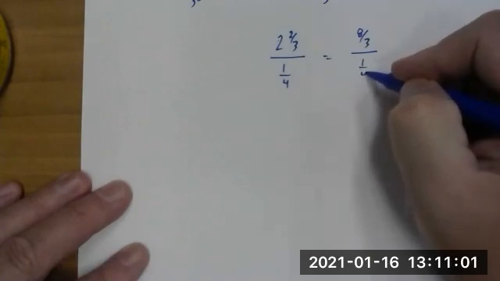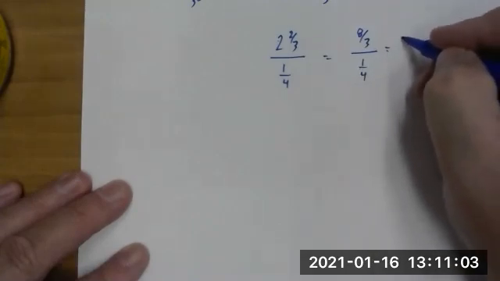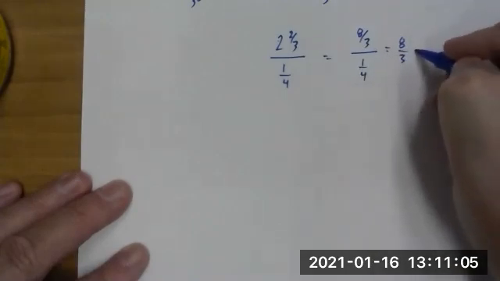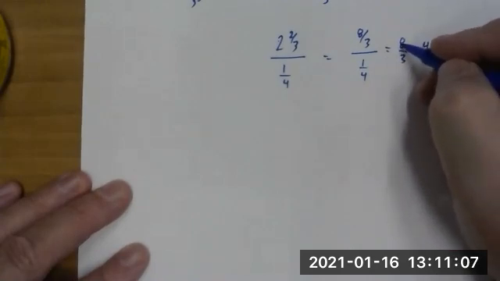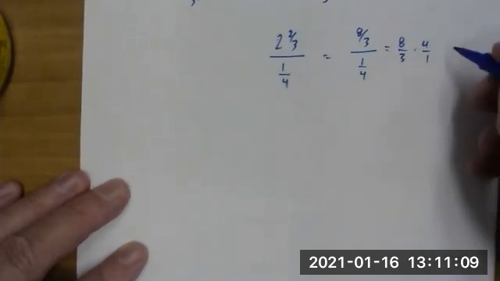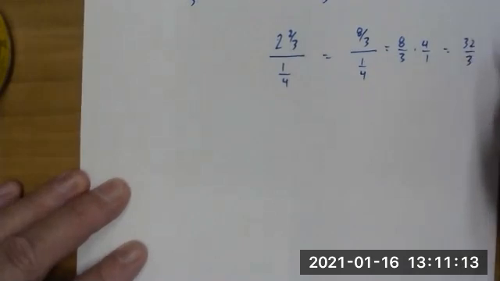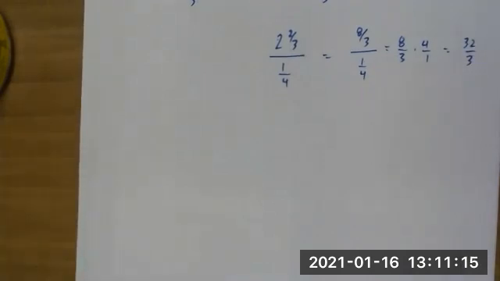So we have 8/3 over 1/4. And now our rule for complex fractions is you take the top, multiply by the reciprocal of the bottom, 32/3.